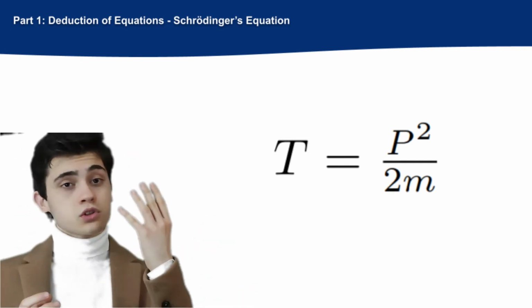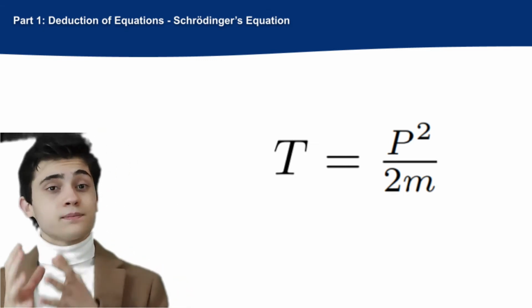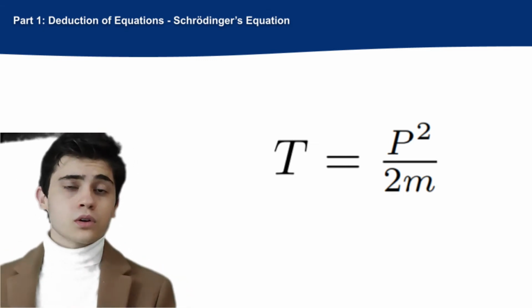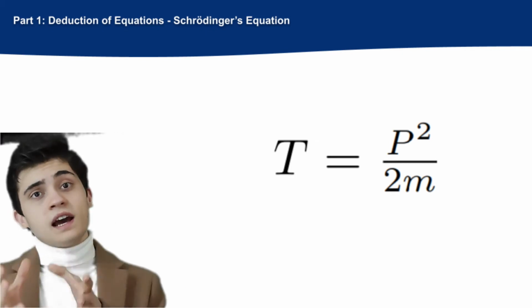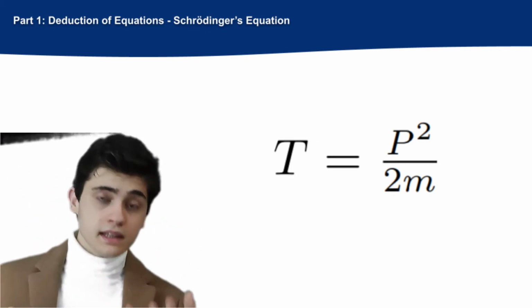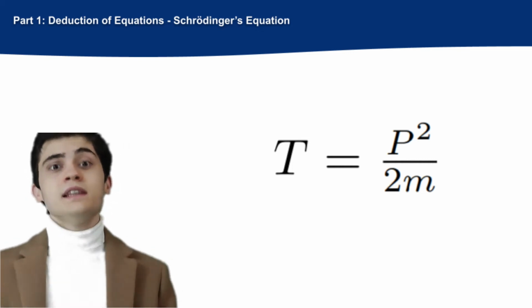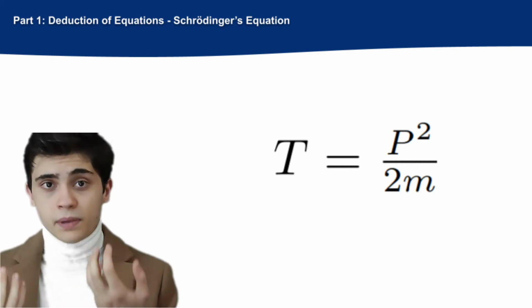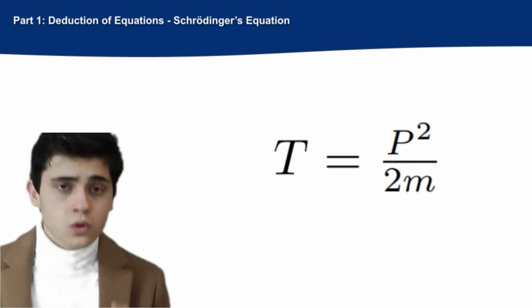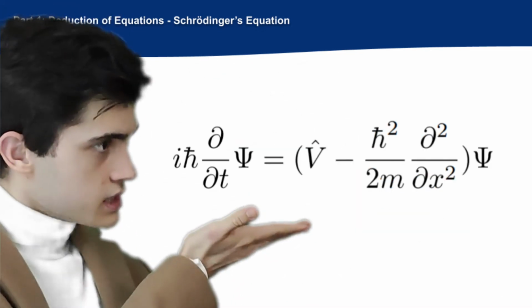Finally, if we substitute the expression of the energy operator, which is the sum of the kinetic and potential energy operators, we obtain the general time-dependent Schrödinger equation, which is finally this.